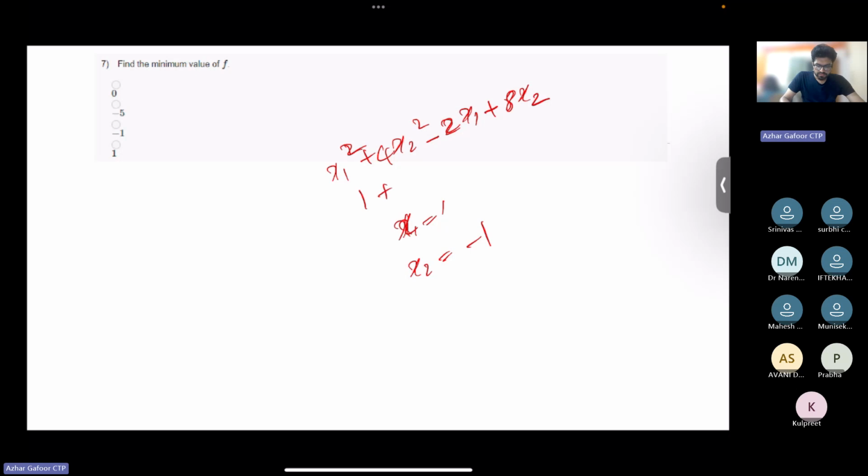So it will be 1 plus 4 minus 2 minus 8, which is equal to minus 5. Okay, so minus 5 is the answer.